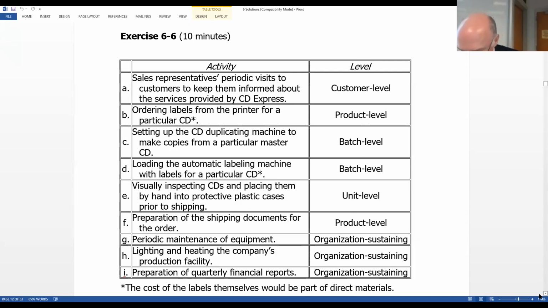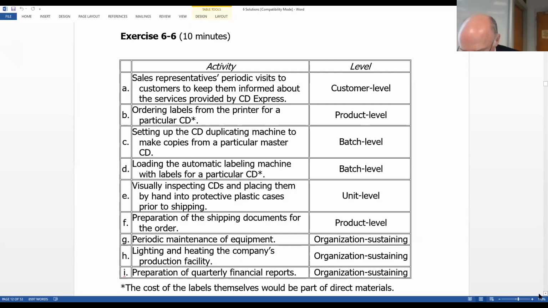The customer provides a master CD from which CD Express makes copies. An order can be for a single copy or for thousands of copies. Most jobs are broken down into batches to allow smaller jobs with higher priorities to have access to the machines. A number of activities carried out at CD Express are listed below.